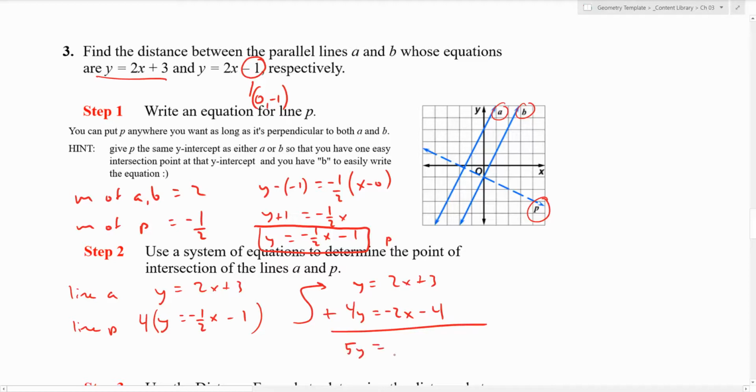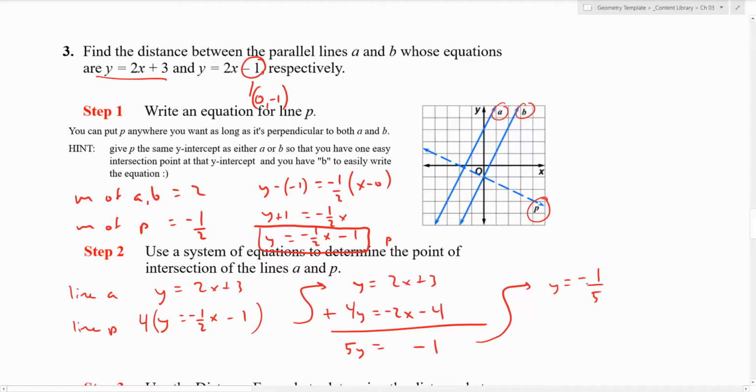5y equals 0x minus 1. Oh dear, look at that. What does y equal? Look at that point of intersection. Y equals negative 1/5. Okay, once again, we're trying to determine the point of intersection of lines A and P. We have the y value now.